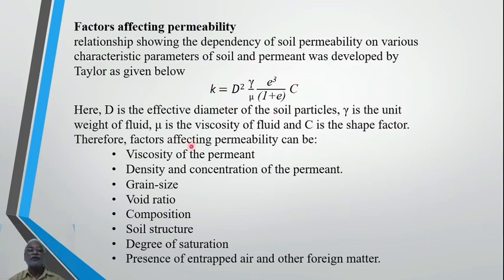If you remember this equation, it depends upon viscosity of the permeant, density and concentration of the permeant, grain size, this D, voids ratio, the e, composition, how it is arranged, soil structure, degree of saturation, then presence of entrapped air and other foreign matter. That's how permeability depends.